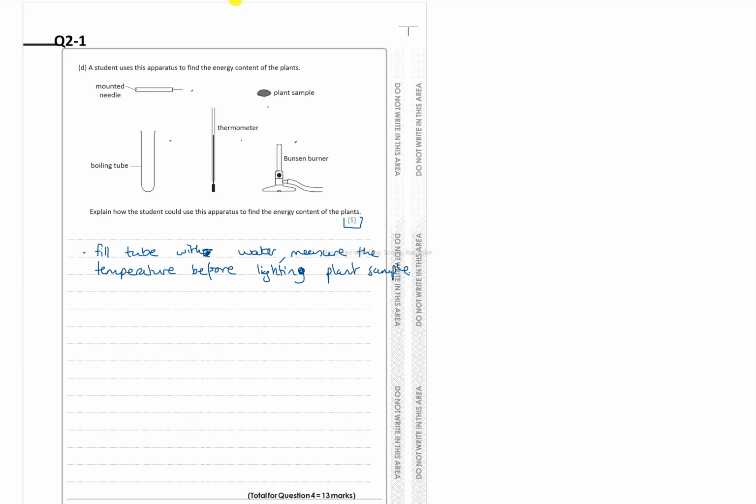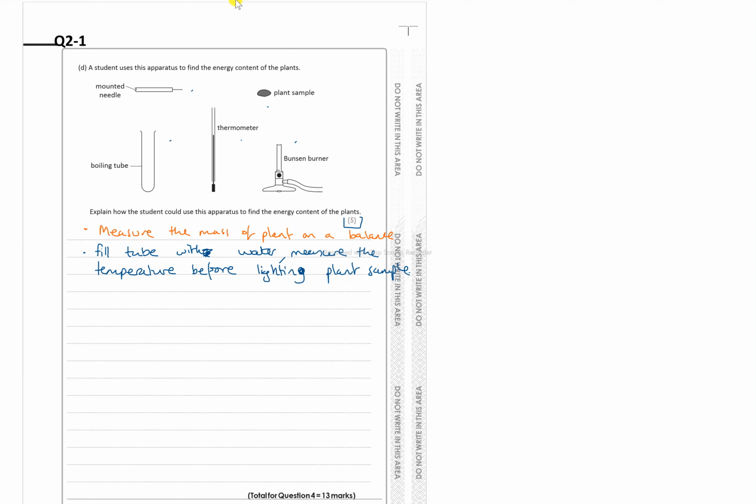Right, before that, you could measure the mass of the plant sample on a balance.